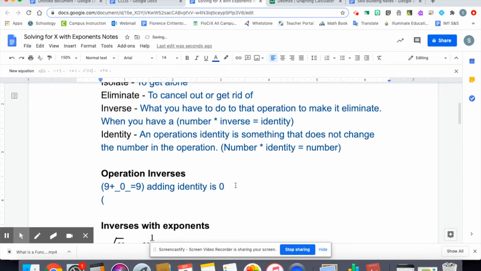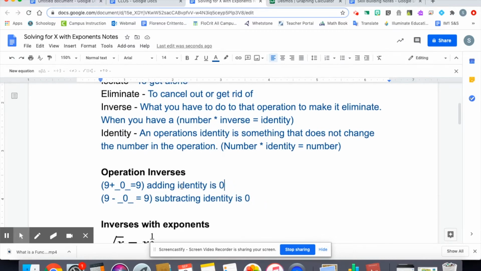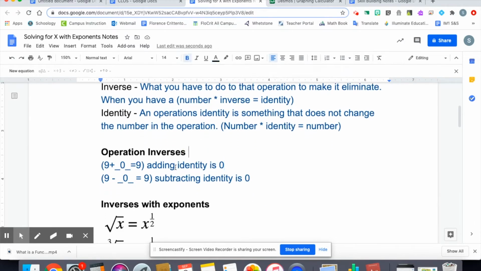Let's do the same thing for subtracting. If I do 9 minus what, would I still have 9? The answer is also 0. 9 minus 0 is still 9. So for subtracting, its identity is also 0. So this is what the identity is. We need to figure out what the inverse of adding is.